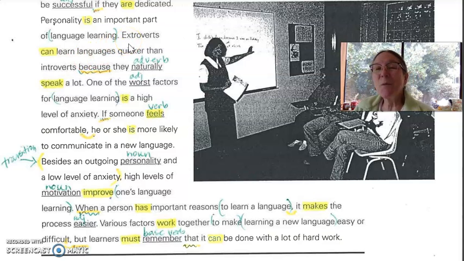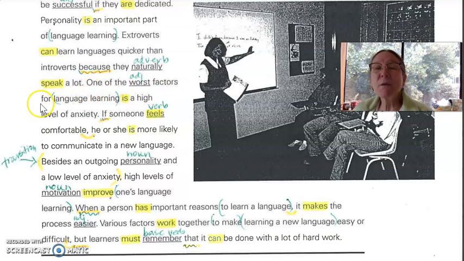A good synonym for extrovert is outgoing, and maybe a good synonym for introverts is people who are quiet. I wouldn't say shy per se because introverts are always thinking, but maybe quiet. Introvert is a word for people, and so is extrovert.